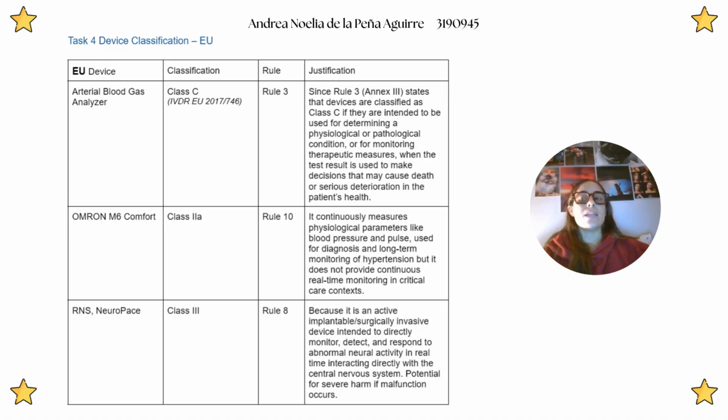And lastly, the RNS NeuroPace is class 3 under MDR Rule number 8 since it's surgically invasive and interacts directly with the central nervous system. Information presented was taken from the MDCG 2021-24 guidance on classification of medical devices.